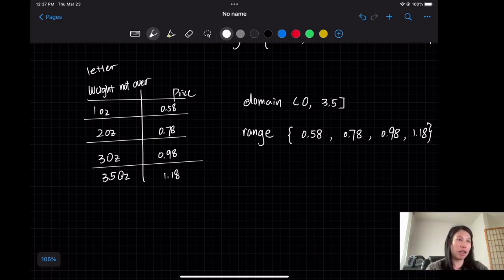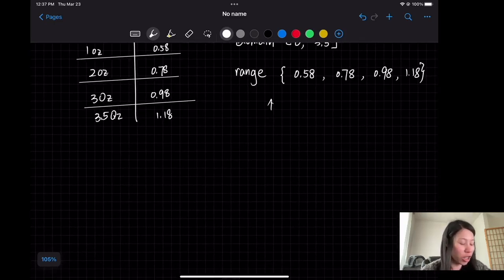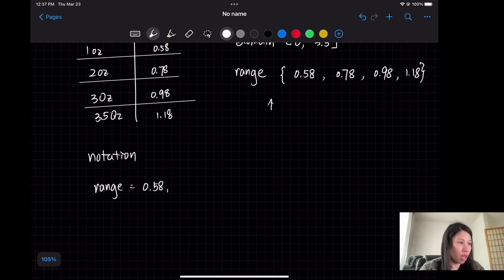Okay, so now when you look at these, you may be a little bit confused. Now let's talk about the notation of domain and the range. As you can see, the price to send letters, which is our range, equals 58 cents, 78 cents, 98 cents, and $1.18.